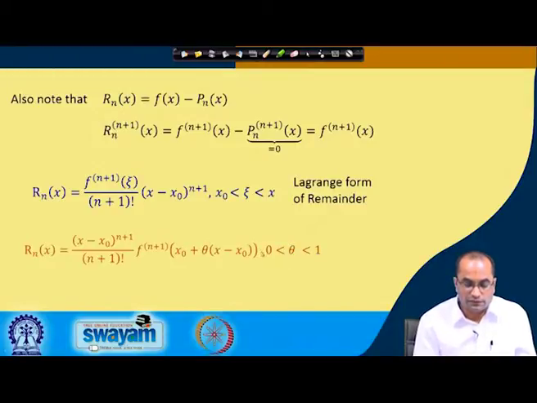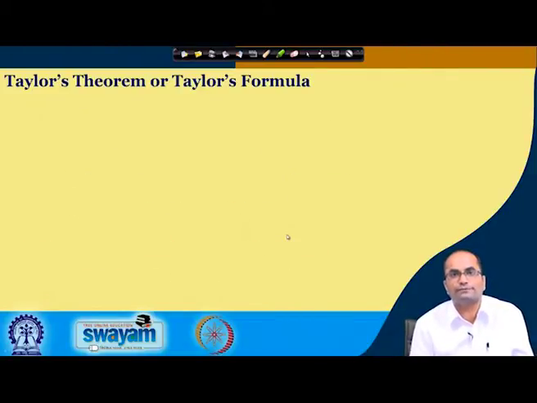If theta is close to 0, then this argument is moving to x_0. When theta goes to 1, this argument goes to simply x. So the argument of this f lies between x_0 and x, and it has a similar meaning to the other form. So we can rewrite this Lagrange form of the remainder in this form as well.